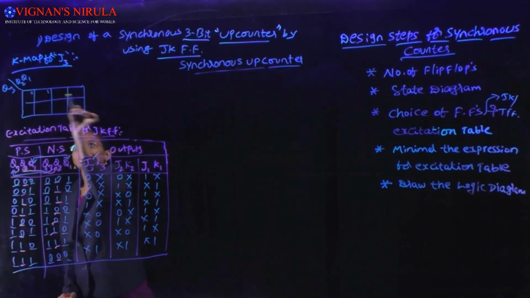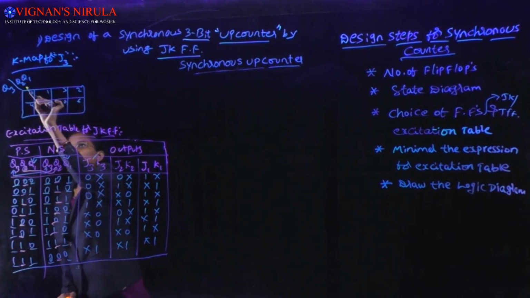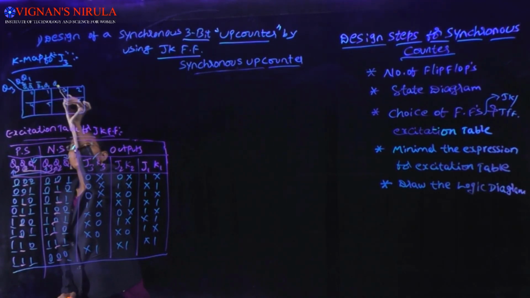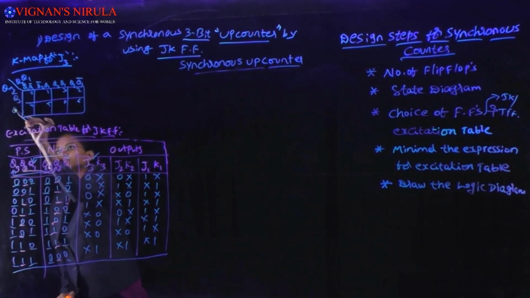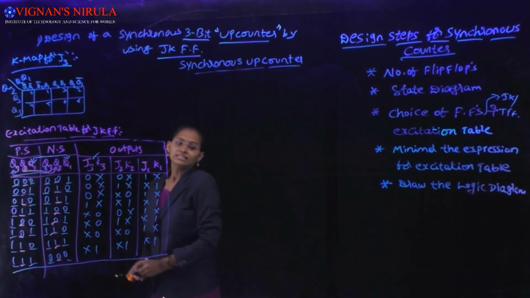This is 0, 1, 2, 3, 4, 5, 6, 7. This is Q2 bar Q1 bar, Q2 bar Q1, Q2 Q1, Q2 Q1 bar, and this is Q3 bar, Q3. Okay, this is the K map for J3.